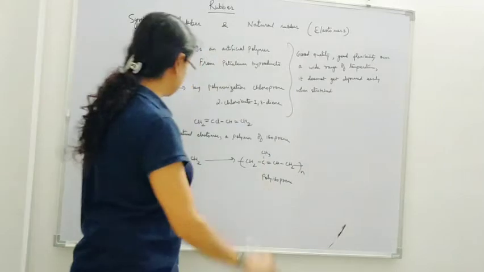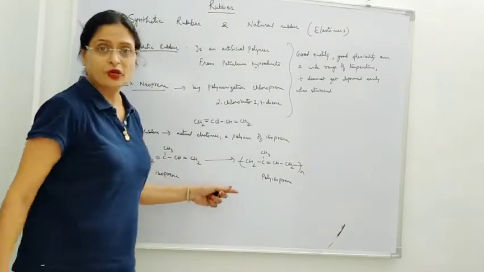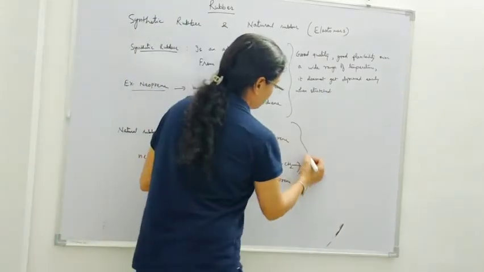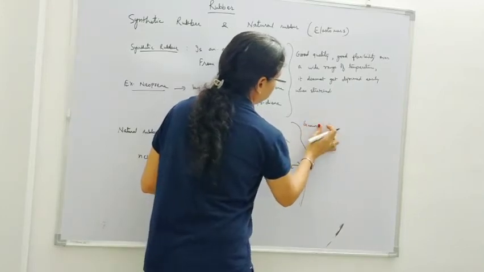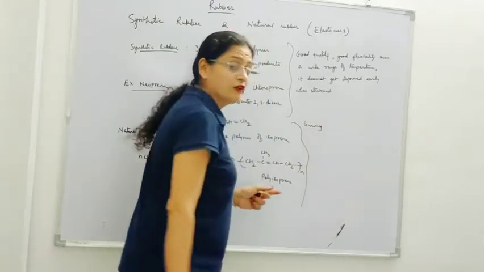But what about this rubber? There is a natural rubber. Now this natural rubber is a gummy material and it is of poor quality.